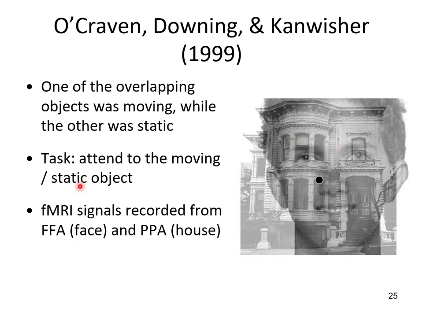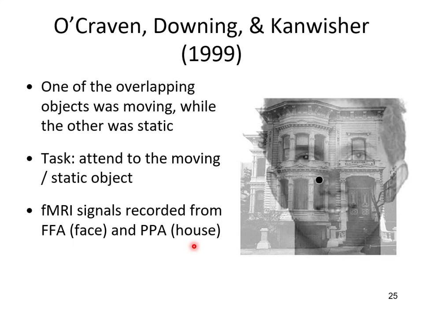In the O'Craven study, they ask participants to focus on either the face or the house, and then they measure fMRI signals recorded from the FFA, which we know responds to faces, and also from the PPA, the parahippocampal area, which responds to house stimuli. By measuring fMRI, they want to know whether we have object-based attention.